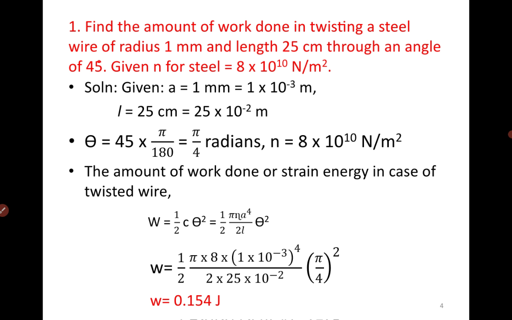Then substituting all the values in the equation, we have W is equal to half pi, 8 into 10 power 10, and radius is 1 into 10 power minus 3 to the power of 4, divided by 2L, 2 into 25 into 10 power minus 2. Then theta square is pi by 4 square. After simplifying this, we have W is equal to 0.154 joule.